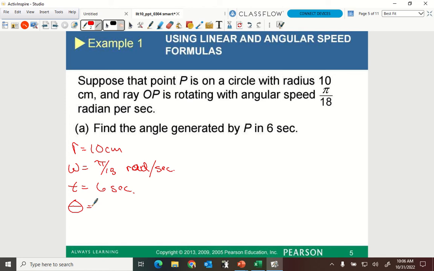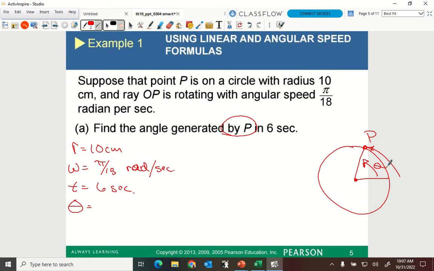What's another variable that I don't have? P is the point. So if we're talking about the circle here, and it's starting and it's going this way, they're calling this one right here point P as it's traveling this theta.